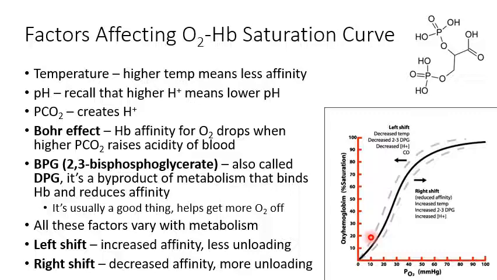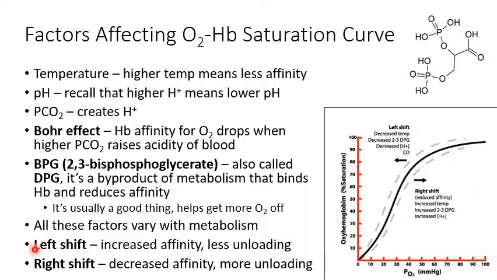That's good in the lungs, more loading, but that's bad in the tissues because it means less unloading. It means it's harder for your hemoglobin to drop oxygen off at the tissues. So you're going to want to have a balance between all of those things so you have optimal loading and unloading of hemoglobin. And this is one way that pH extremes or temperature extremes can affect your body in a negative way by interfering with your ability to get oxygen on and off of hemoglobin.